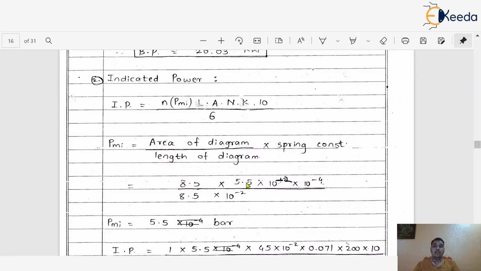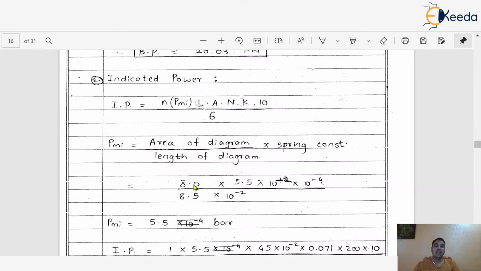So 8.5 into 10 raised to minus 4. The centimeter square is there, that's why there is a need to multiply by 10 raised to minus 4. Similarly, the spring constant given is 5.5 bar per centimeter, so again we need to convert it into meters by multiplying by 10 raised to minus 2.